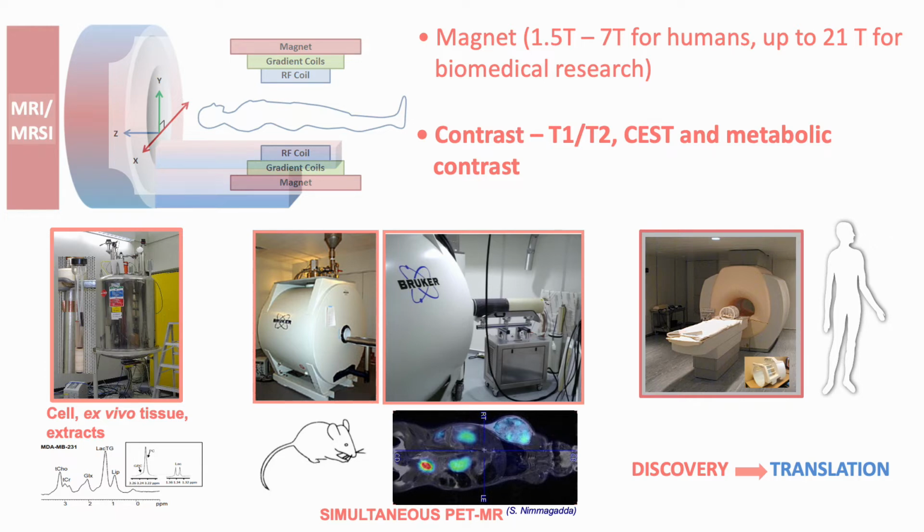As I mentioned before, now there is this push for multimodal imaging. So now we have PET MR scanners for simultaneous PET MRI imaging. So here is an example of PD-L1. PD-L1 is this immune checkpoint expressed by cancer cells.